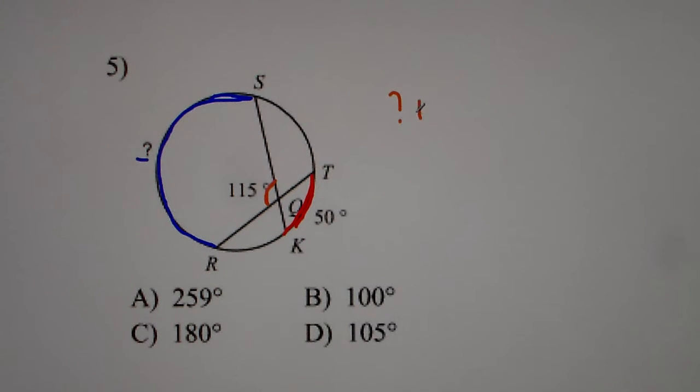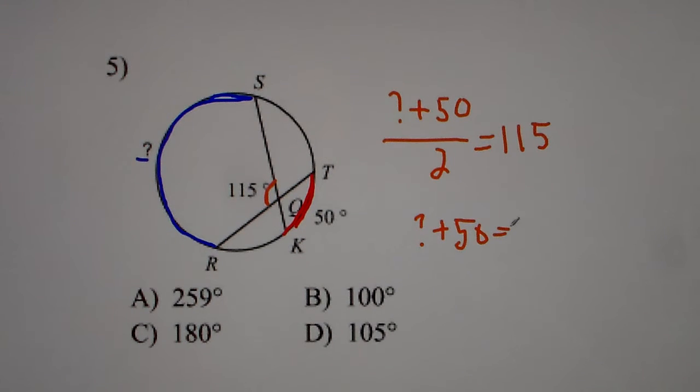Question mark plus 50 divided by 2 is equal to 115. We do our inverse operations. We multiply by 2 to both sides. So you get question mark plus 50 equals 230. Subtract 50 from both sides and you get the question mark is equal to 180. So 5 is C.